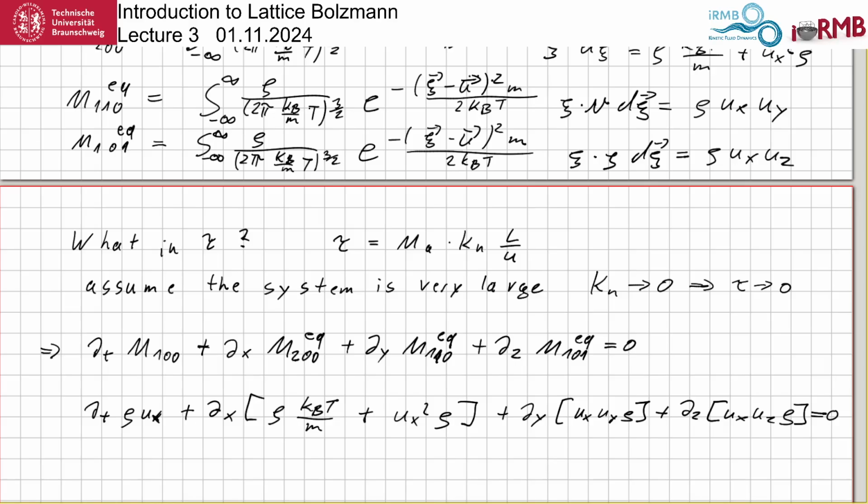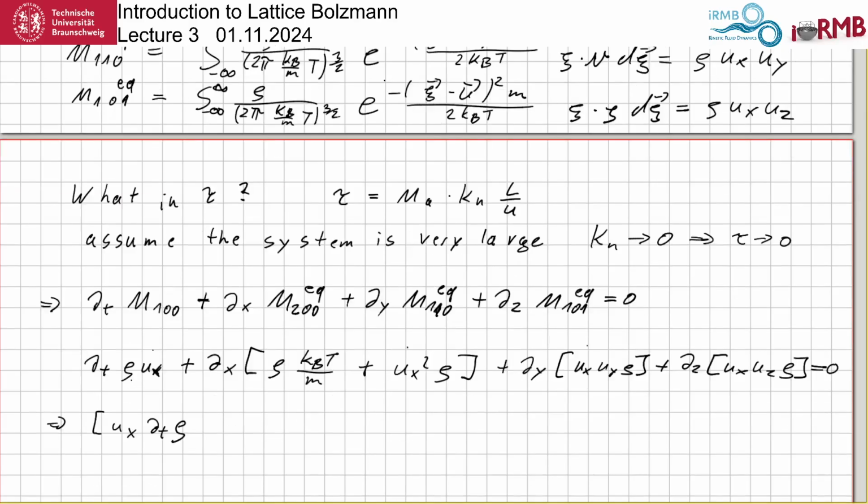What is interesting is that ux appears in many places here, so when I apply the chain rule, I'll always put the ux in front once. So the first term, the time derivative, I have ux dt rho, and I'm now not going to write the other part. I'm pulling out everything where I can put ux in front, and I leave the rest for later.